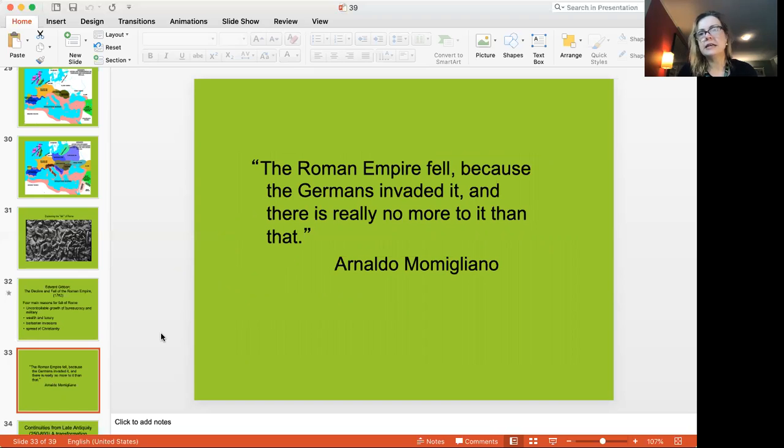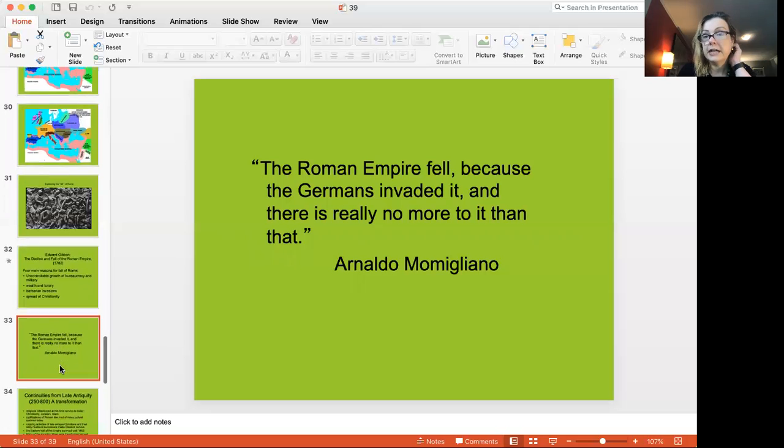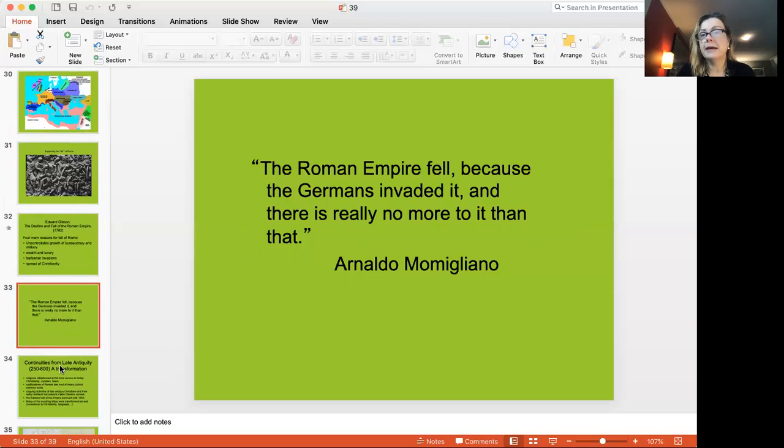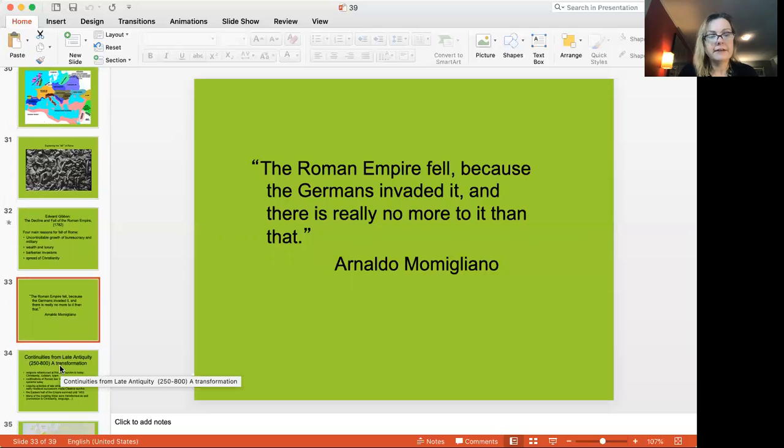This gives us a sense that the actual end of political control over Italy was simply lost because there was an invasion that they couldn't resist, right? I think it's a very succinct and straightforward explanation for why the empire may have fallen to the extent it fell. But even more importantly, he wrote this around the middle of the 20th century.